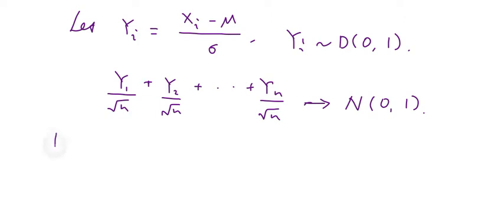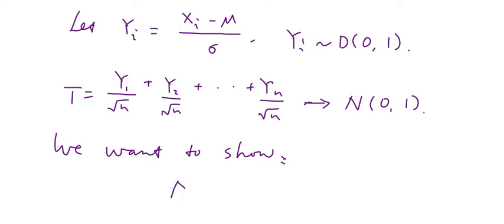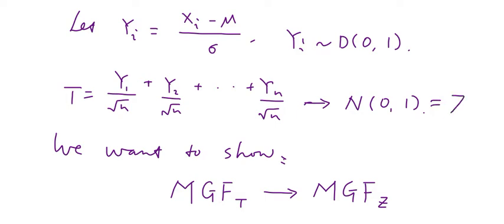Suppose this is T. We say the moment generating function of T will be close to the moment generating function of the standard normal, which we call Z. We wanted to prove this.